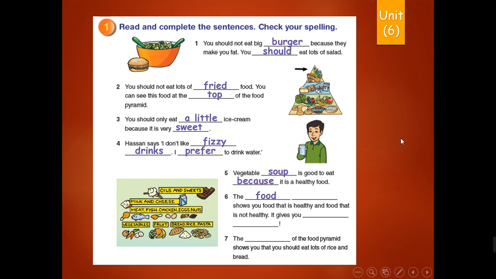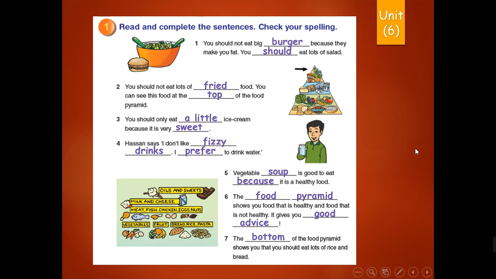The food pyramid shows you food that is healthy and food that is not healthy. It gives you good advice. Very good. The last sentence. The bottom of the food pyramid shows you that you should eat lots of rice and meat. Where can we find them? On the bottom of the food pyramid.